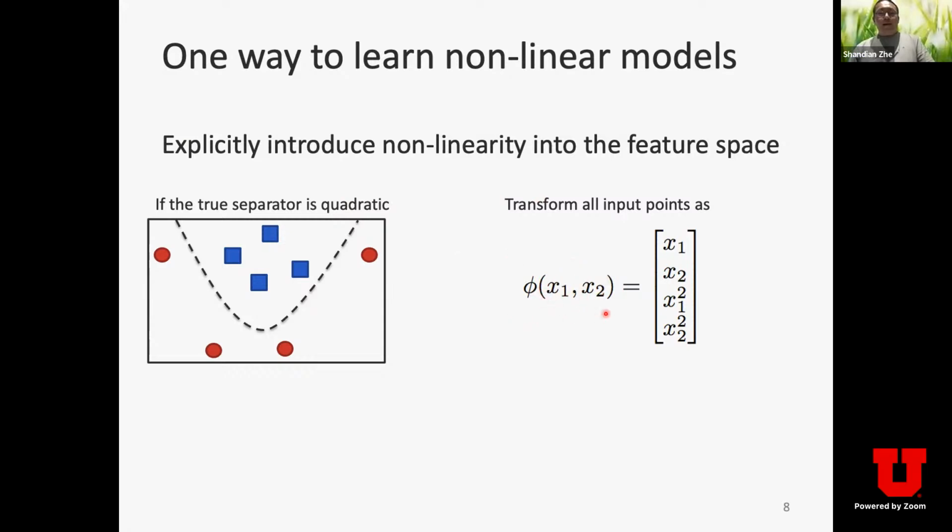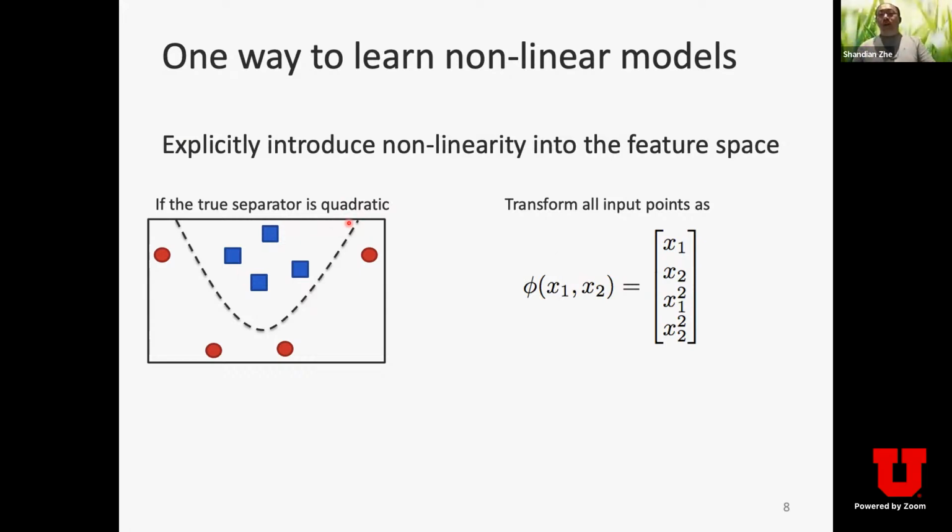My original instance is represented by x1 and x2. But now I transform it into a 4-dimensional input vector: x1, x2, x1 squared and x2 squared. Now I can look at the positions of those points when they're re-represented or mapped into a 4-dimensional space.